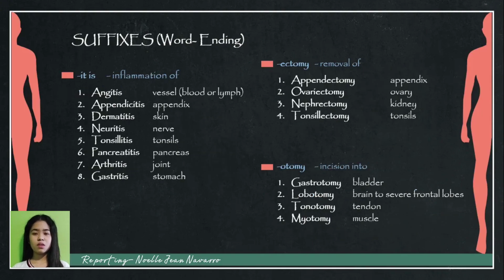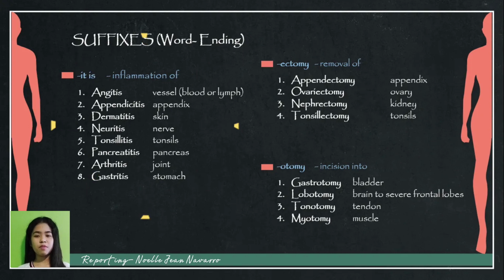Now we go along with the medical terms with suffixes. First are terms with an "itis" ending that refers to inflammation of something. First is arteritis, which means inflammation of a vessel or the blood or lymph. Second is appendicitis, inflammation of the appendix. Dermatitis, inflammation of the skin.